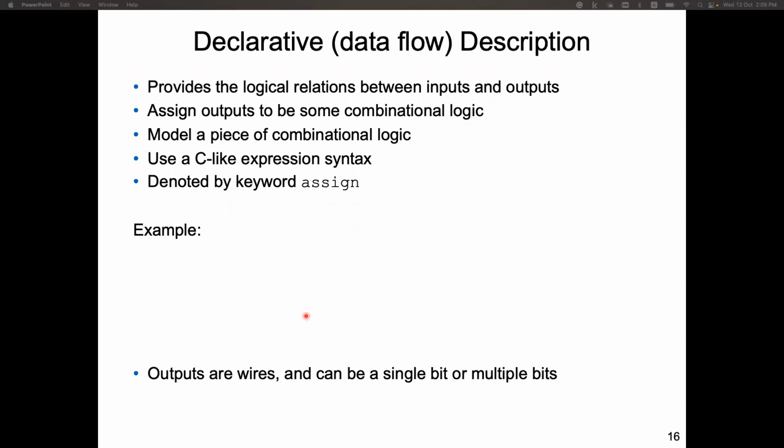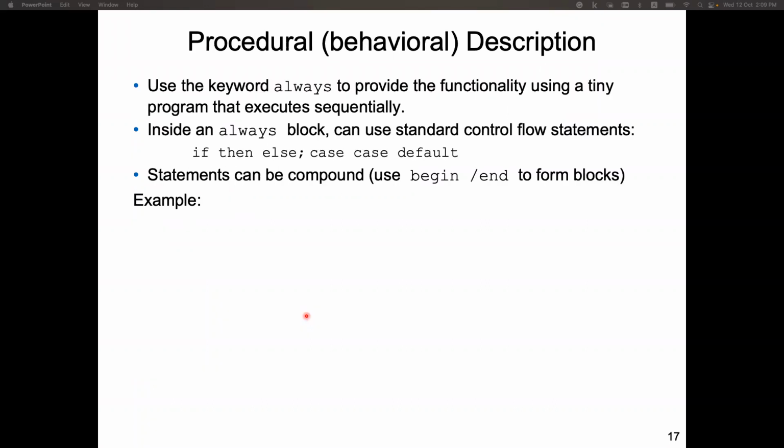Another way to describe a function is called procedural description, or behavioral description. Actually, data flow, the previous one, can also be regarded as behavioral. But here the name is procedural description. It uses the keyword always to provide the functionality using a tiny program, which executes sequentially.